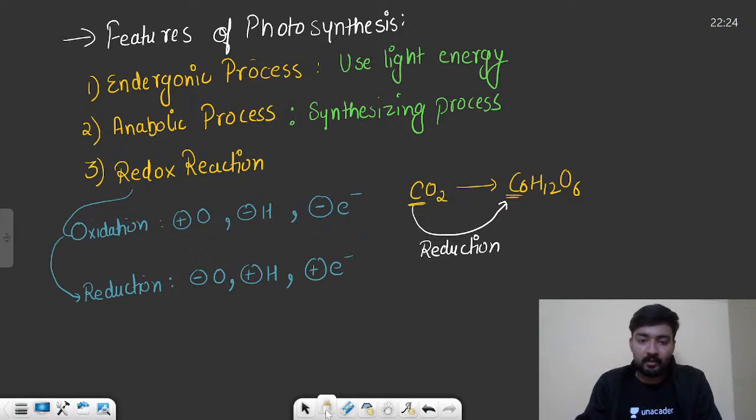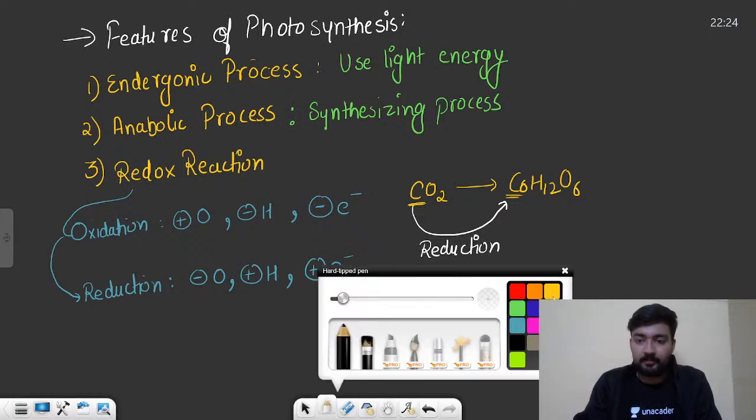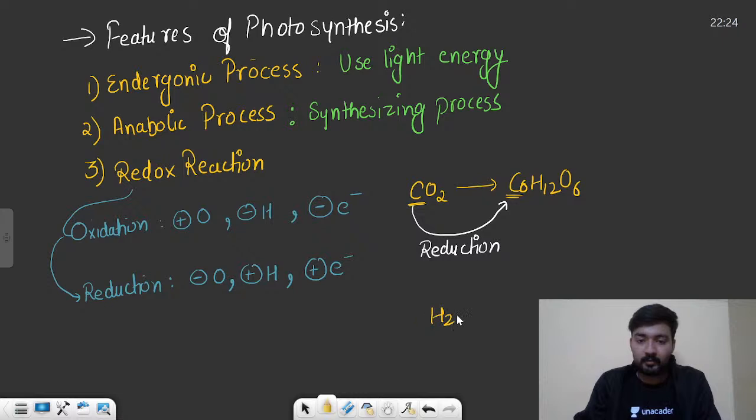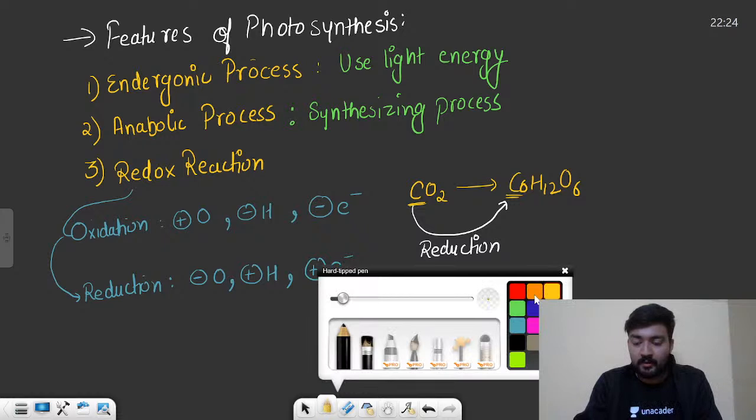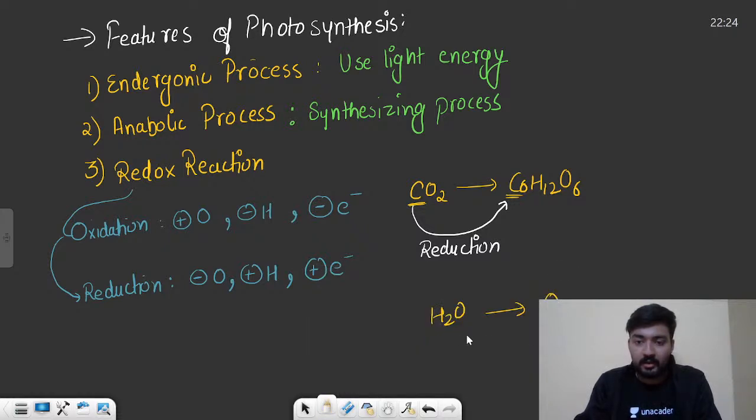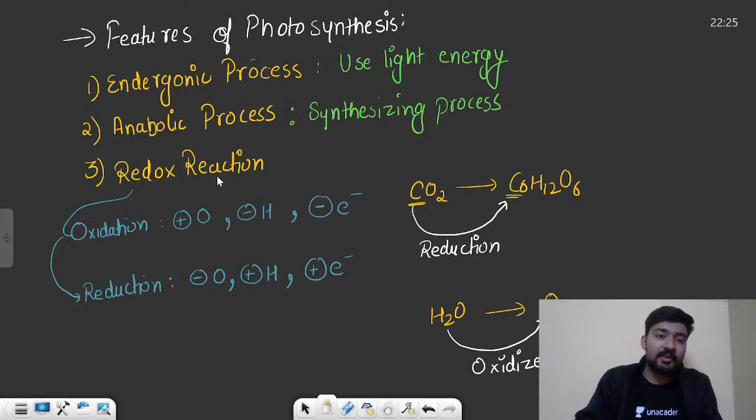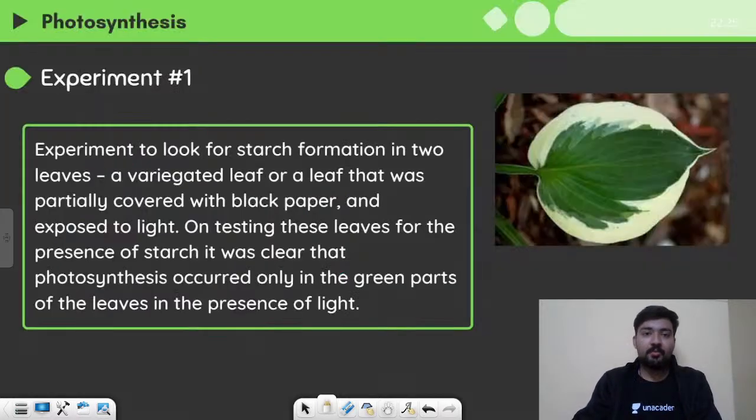And on the other hand, we have water, which is converting into oxygen. And because hydrogen is getting removed from oxygen, the oxygen is getting oxidized, right? So these are the redox reactions occurring in photosynthesis. That is why it is a redox reaction. So these are the properties of photosynthesis. Okay, now let's move on.